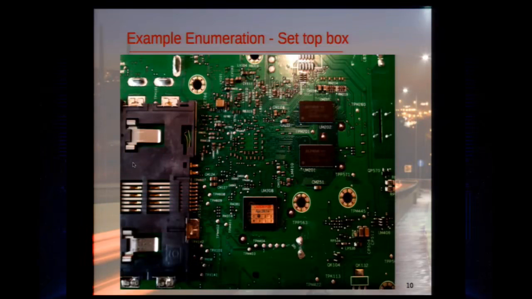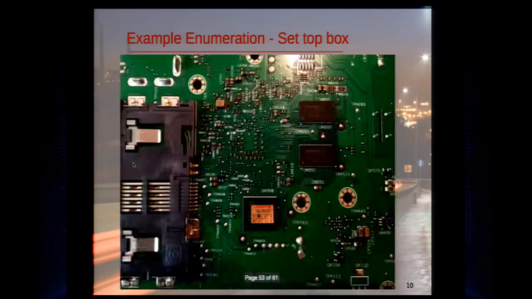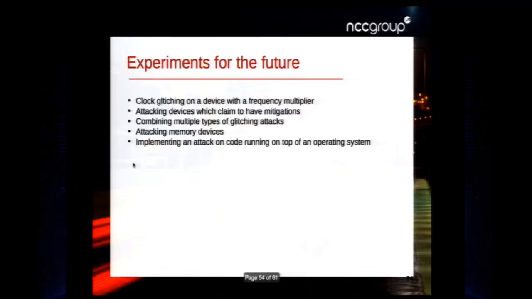So if you're looking for decoupling capacitors on a BGA package, such as this unknown device, usually you can just look directly under it and you'll find the decoupling capacitors right there.